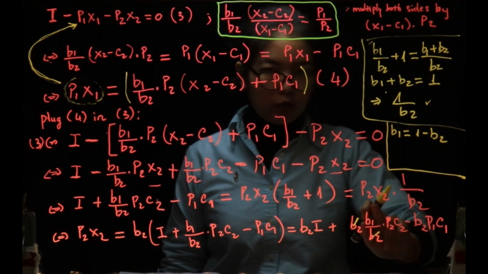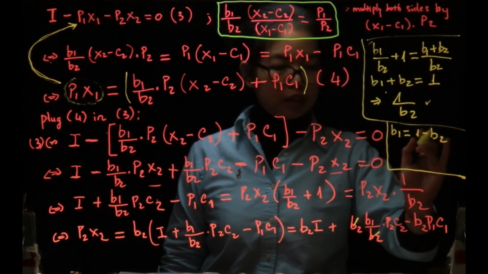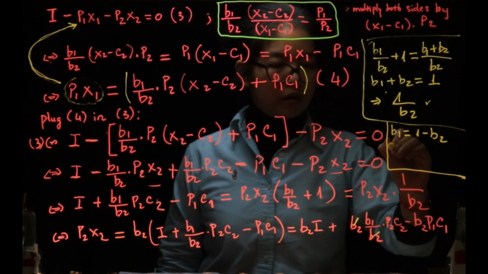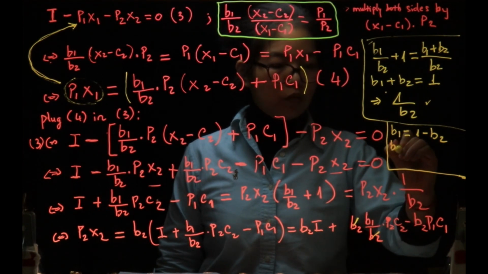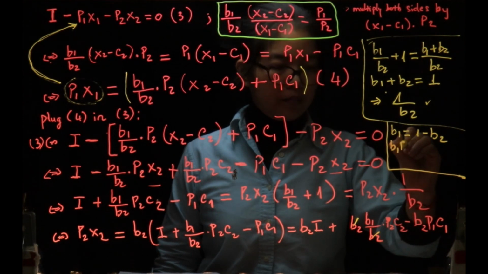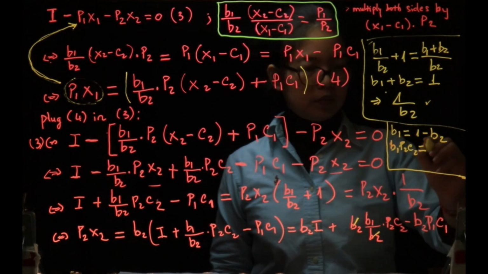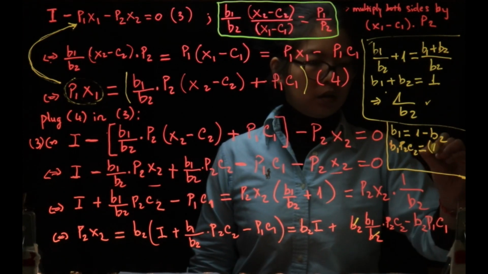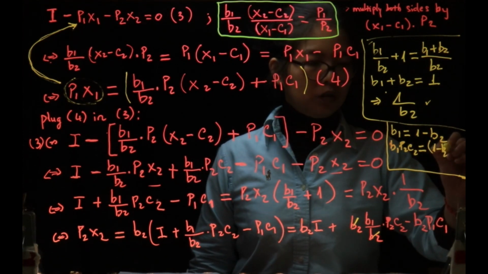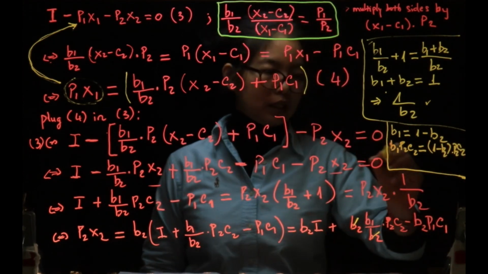So actually, for that reason, we have b1 times p2 c2 would be (1 minus b2) times p2 c2, right?